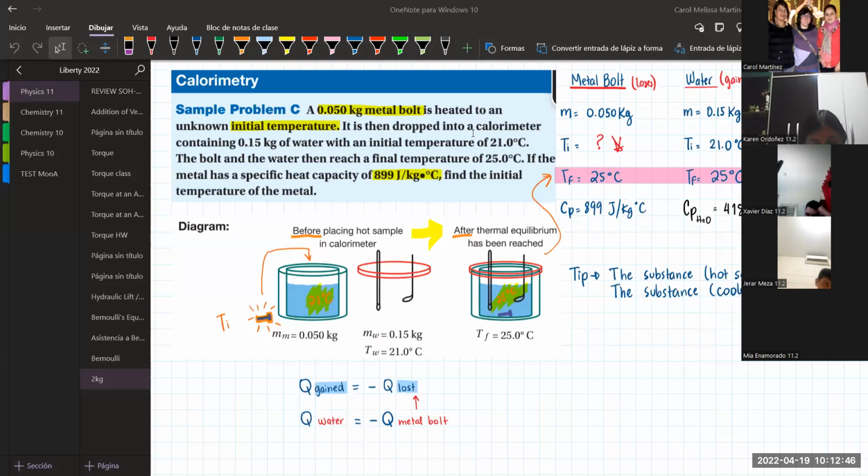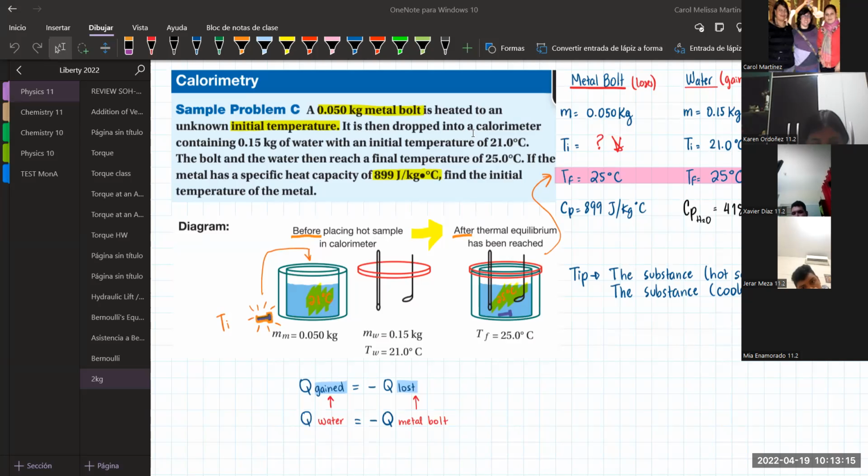It's absorbing energy from the metal bolt. That's why water is lowering the temperature of the metal bolt, and that's why water is used to cool objects off. So gaining is going to be water, for all the reasons that I told you about.